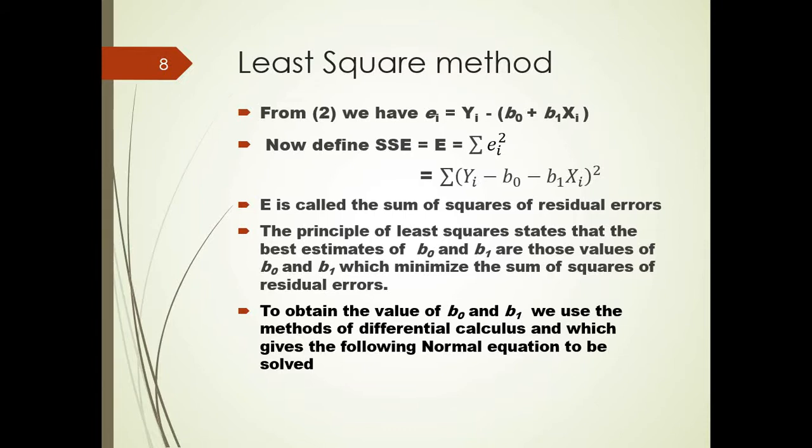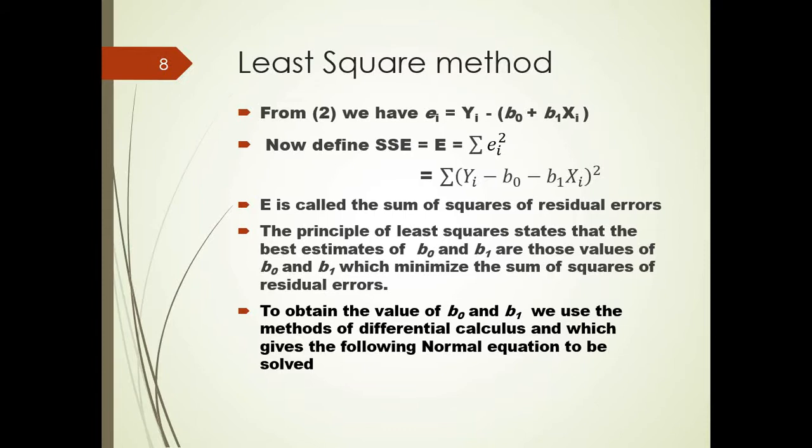The principle of least squares states that the best value of b naught and b1 is that value which minimizes e. So we have to find b naught and b1 which minimize the residual error term.